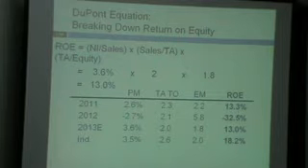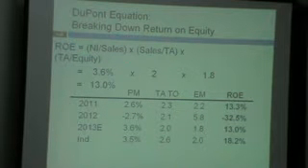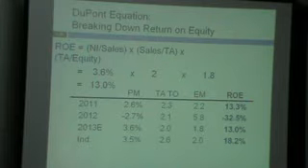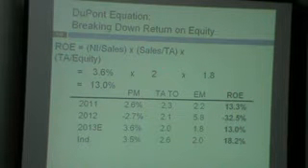So from here it is difficult to find out the specific problem, why it is below. Just by looking at this equation, we cannot figure out further. So then what is the utilization of this? At least it is giving us a combined effect of these 3 ratios, and we can see what the return on equity is, whether it is compatible with industry or not. So that is the only advantage we can see.